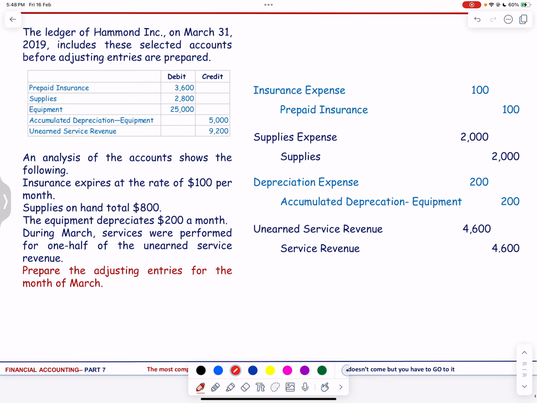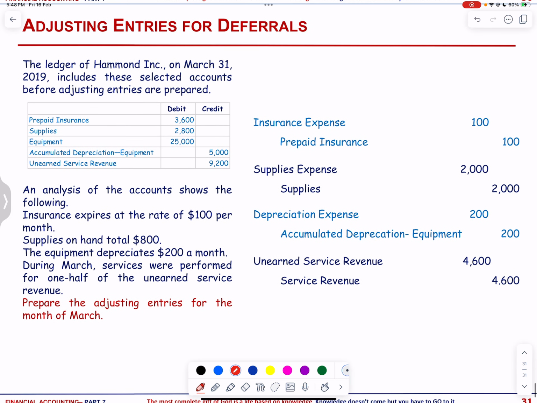Let us look into one illustration also. The ledger of Hammond Incorporation on March 31st includes these selected accounts. Before adjusting entries are prepared, we have prepaid insurance, supplies, equipment, and then we have accumulated depreciation and unearned service revenue.